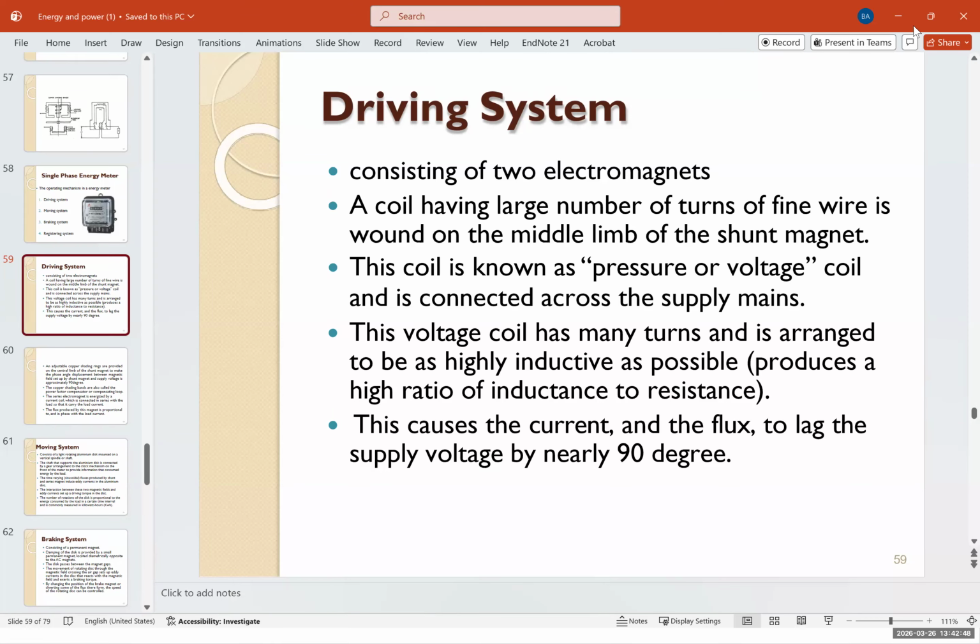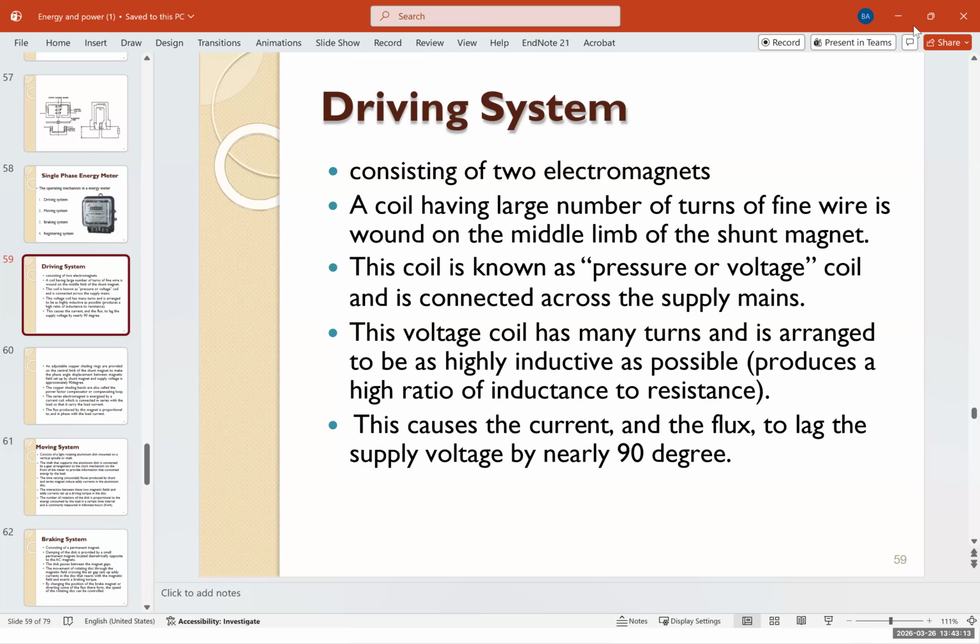A coil having a large number of turns of fine wire is wound on the middle limb of the shunt magnet. This coil is known as a pressure or voltage coil. So if in the exam we ask what is the pressure coil, it's technically the voltage coil. And it's connected across the supply mains, meaning it's in parallel with your supply.